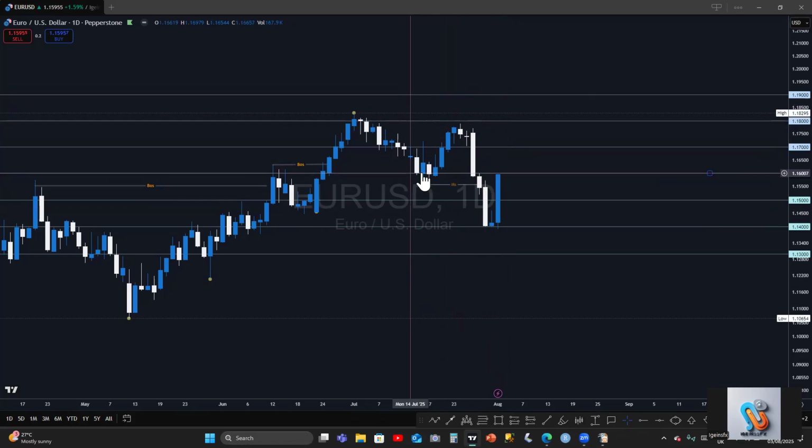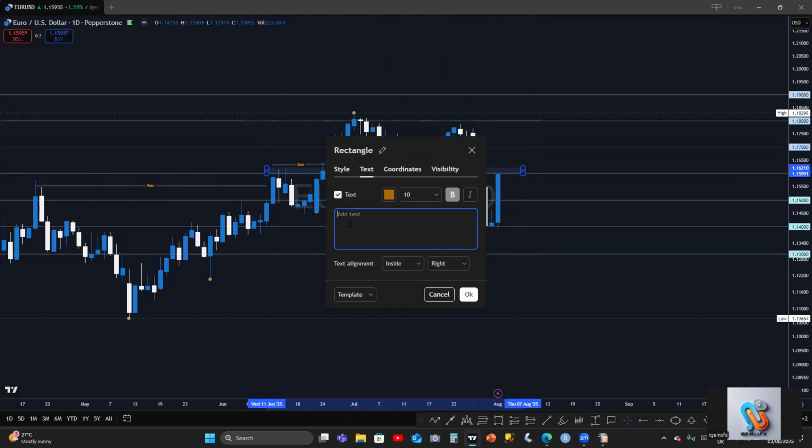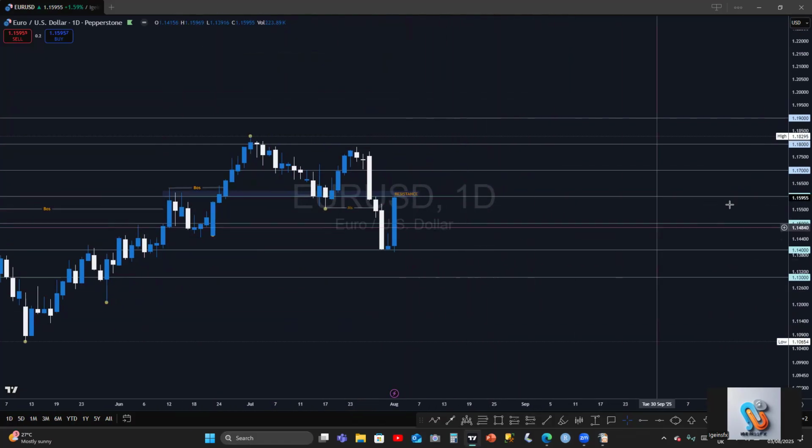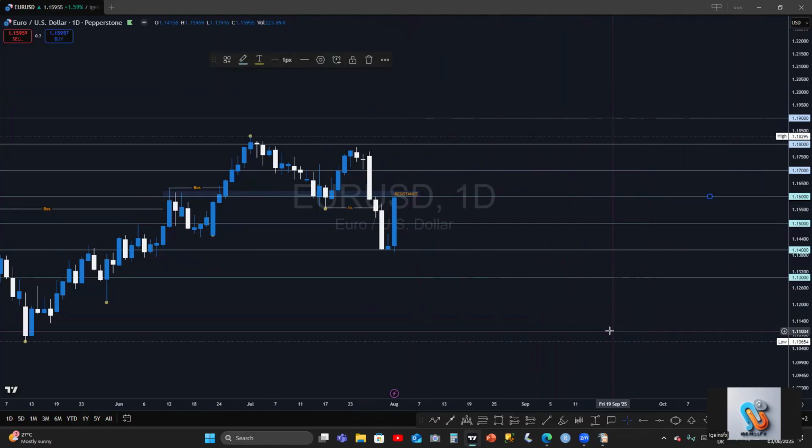If this level gives way, because there's a resistance here, and that resistance is sitting right on this psychological number, 1.16000.